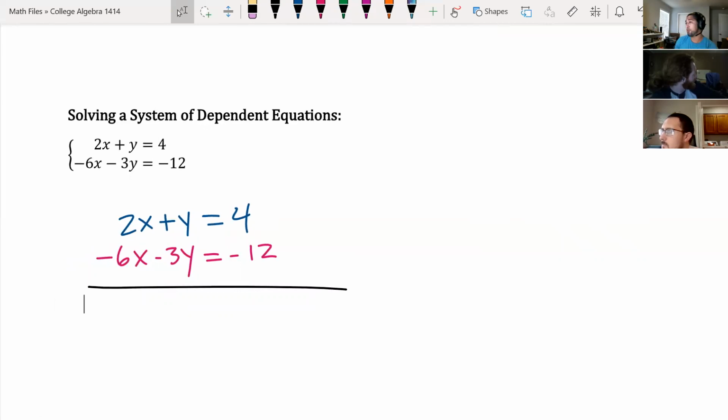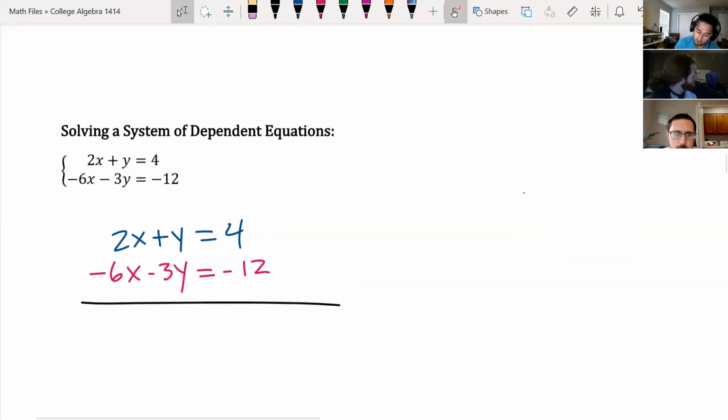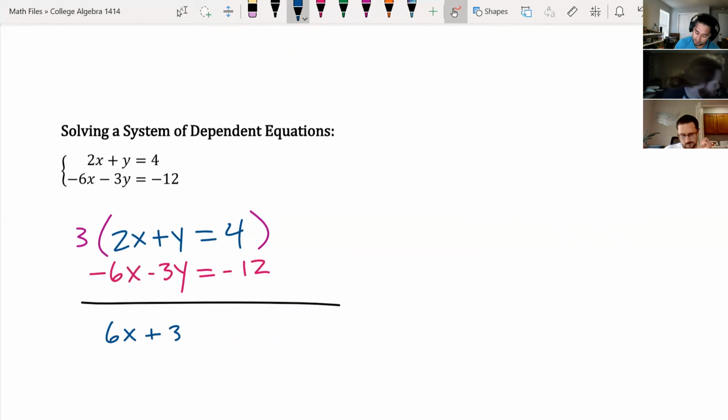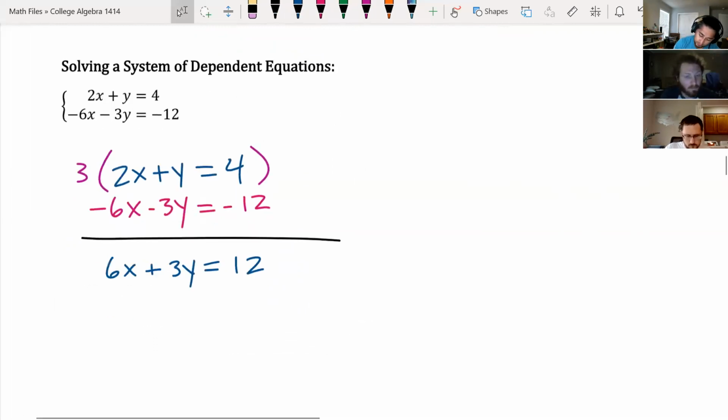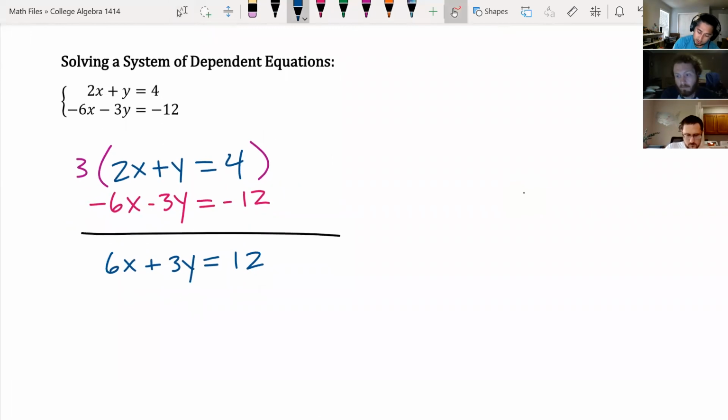So let's get rid of a variable, and this time, let's say x, which means I'll multiply the first equation by 3. And I'll get 6x plus 3y equal to 12. And then I'll get negative 6x minus 3y equals negative 12.